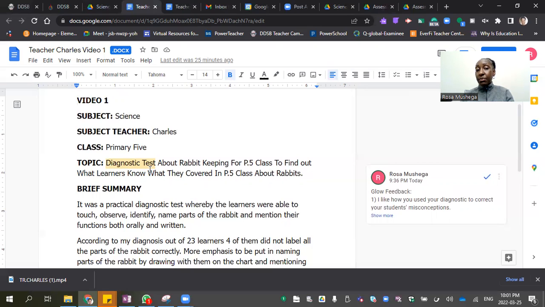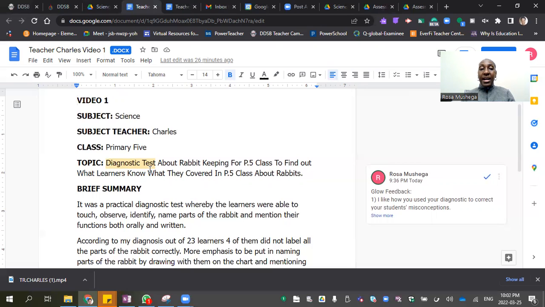If I have to keep a rabbit, how do I have to feed it? How do I have to clean it? How do I have to take care of it? So that's the information that I would be actually asking, because your topic is rabbit keeping, right?